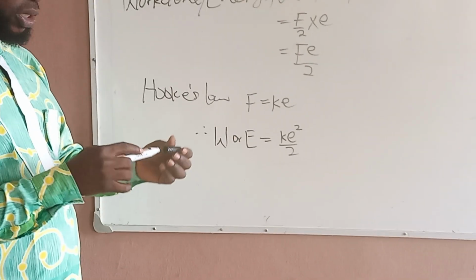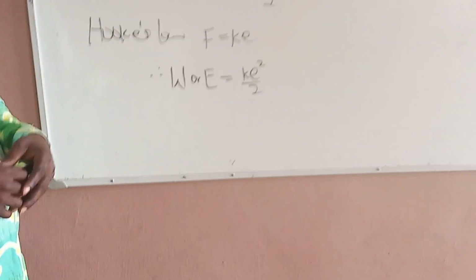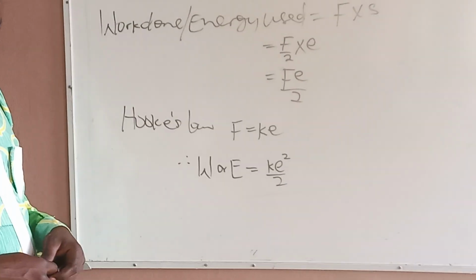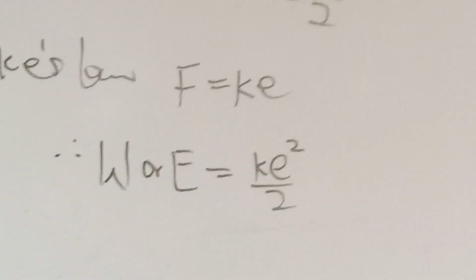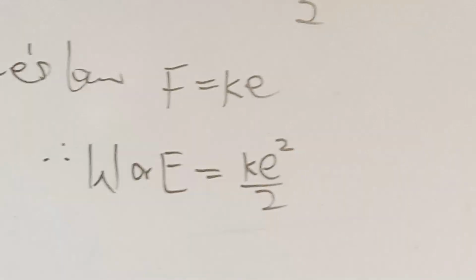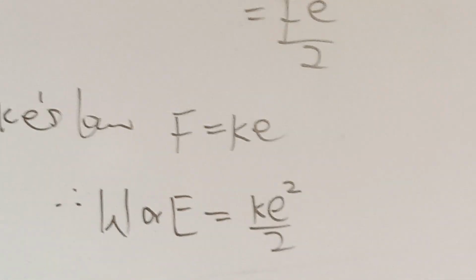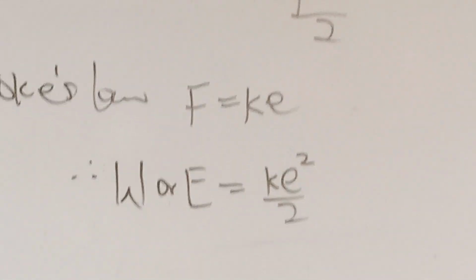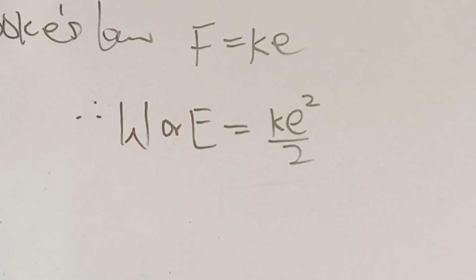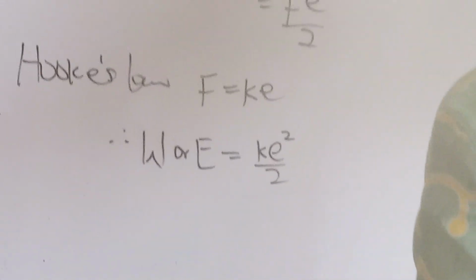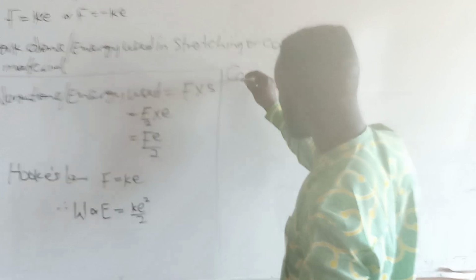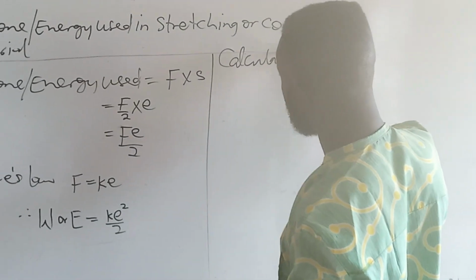This is another relation for calculating the work done by an elastic material. Take note of it. We are now qualified to do some calculations. And we start this way. Join me in this.